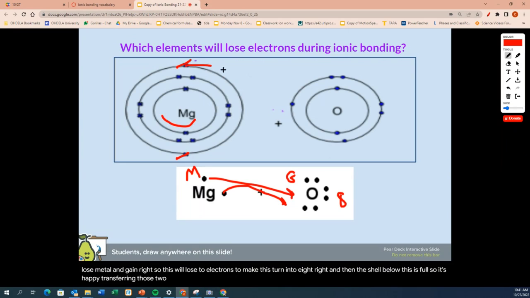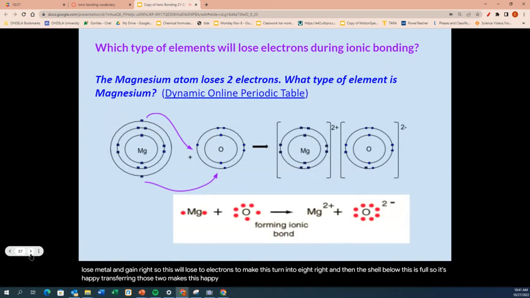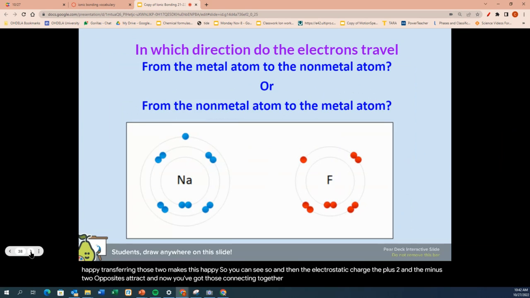Transferring those 2 makes this happy. So you can see, and then the electrostatic charge, the +2 and the -2, opposites attract. Now you've got those connected together.